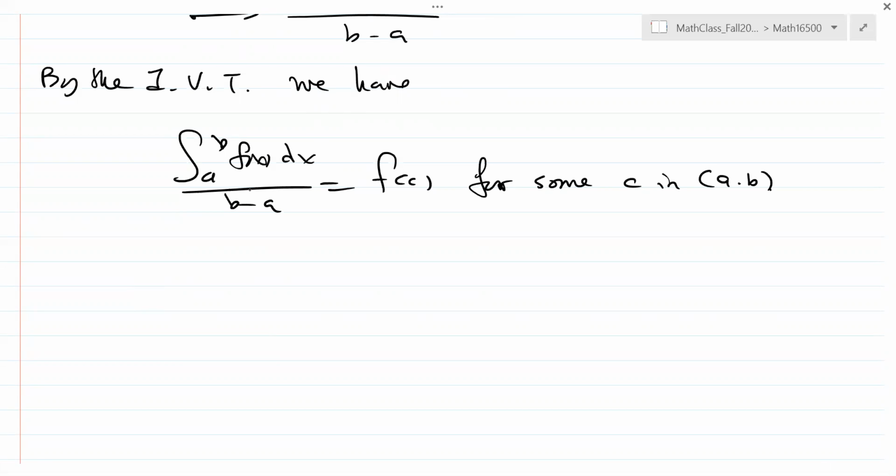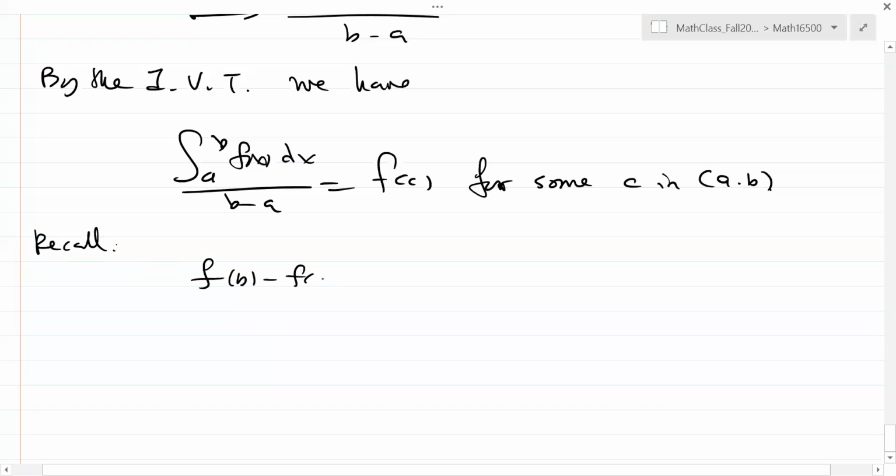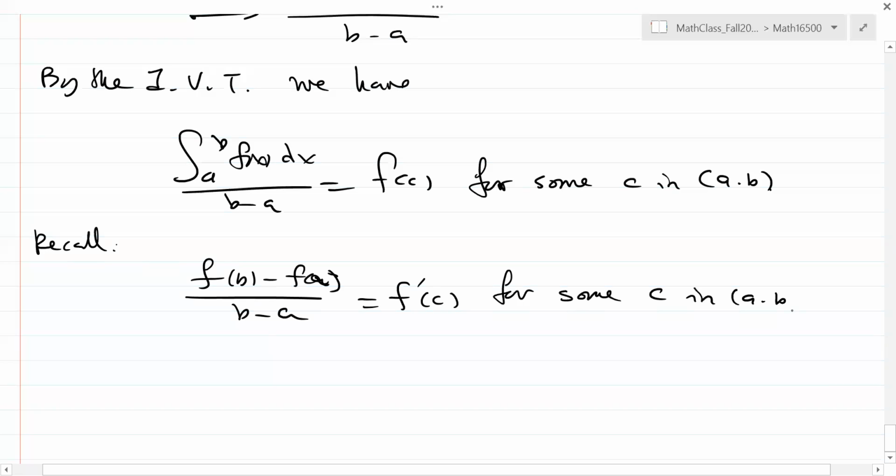And we also have another one. Remember that we call that (f of b minus f of a) divided by (b minus a) equals f prime of c for some c in the interval from a to b. See, that's different. It's quite different.